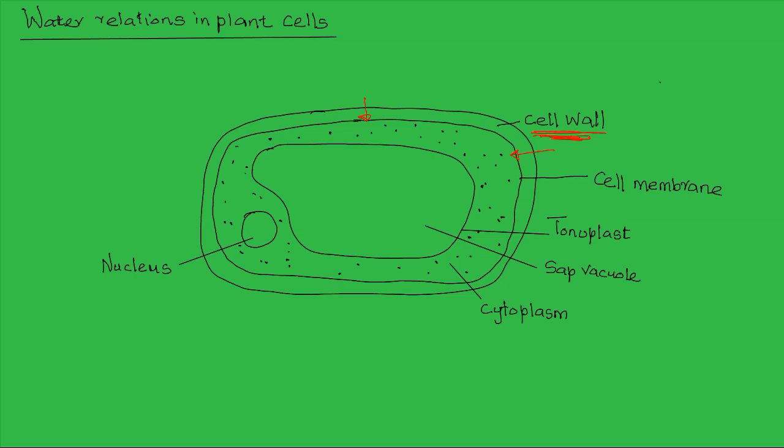The membrane of the subvacuole is known as the tonoplast. It is also semi-permeable. It controls what enters and leaves the subvacuole. Then of course there is the cytoplasm, within which cellular organelles are suspended, including the nucleus.